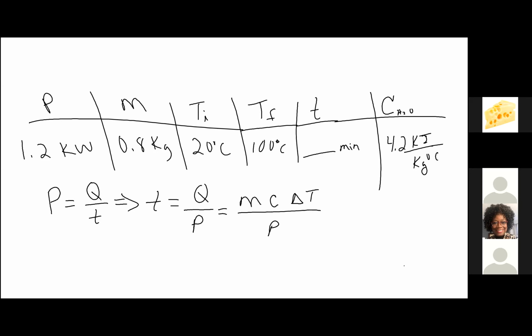That is the specific heat capacity for water. Okay. So everything else now.